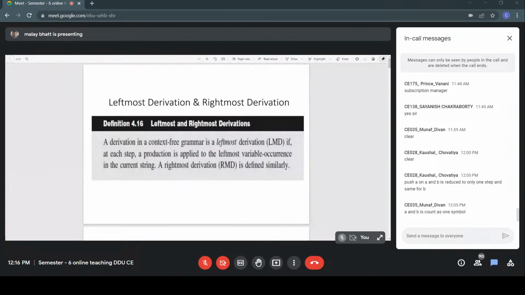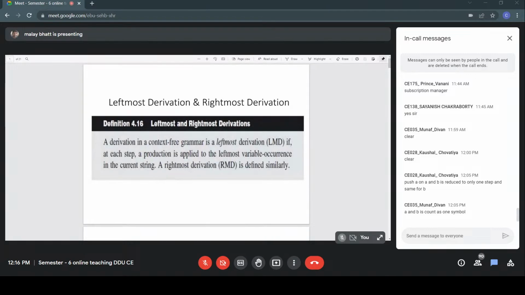So now before we start the new topic, there are some new terminologies we need to understand. That is what we are discussing in this session. Let us define the terms leftmost derivation and rightmost derivation of a string. A derivation in a context-free grammar is a leftmost derivation if at each step a production is applied to the leftmost variable occurrence in the current string.